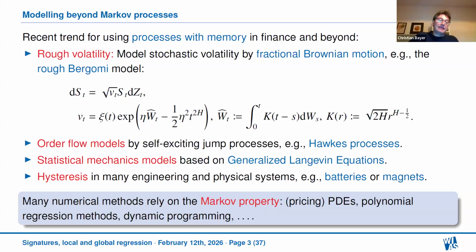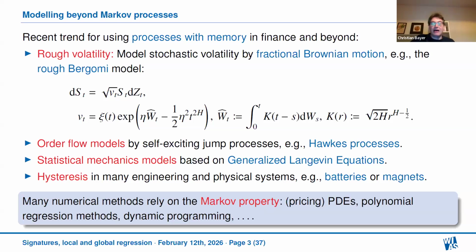But of course, from the point of view of functional approximation, this is really bad news, because this means that we have infinite dimensional state spaces, and therefore the famous curse of dimensionality hits really hard.